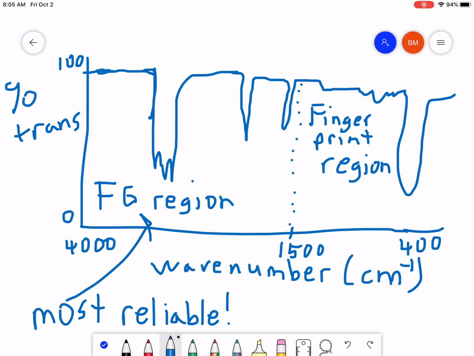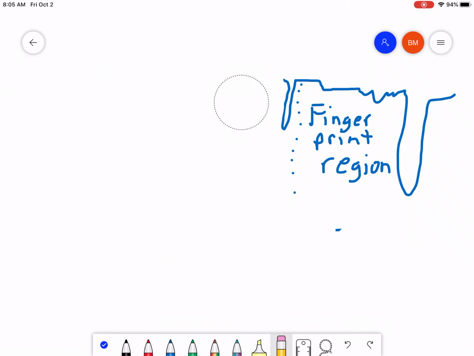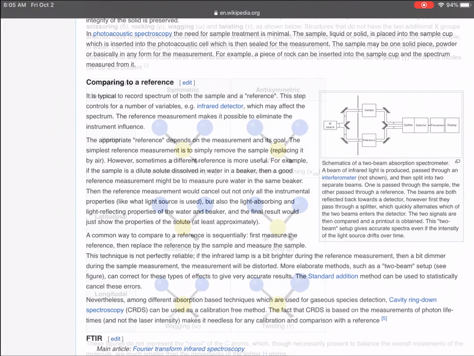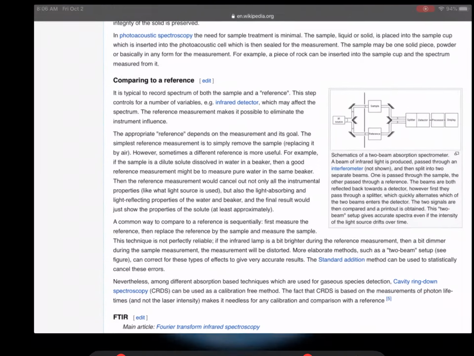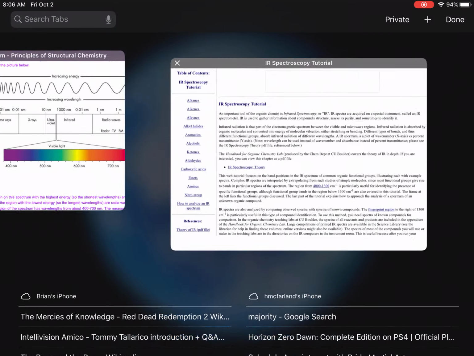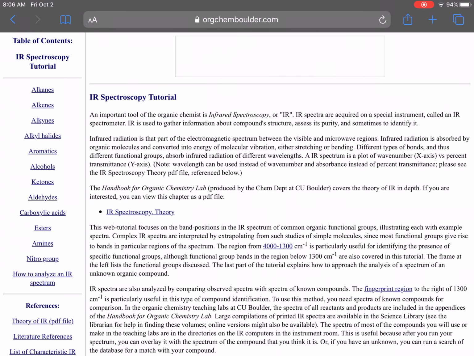Let me erase this. Okay, let me show you the real deal. This is a really good site. It's a tutorial hosted by the University of Colorado at Boulder, and I'm going to be using it quite a bit and showing you some different things.